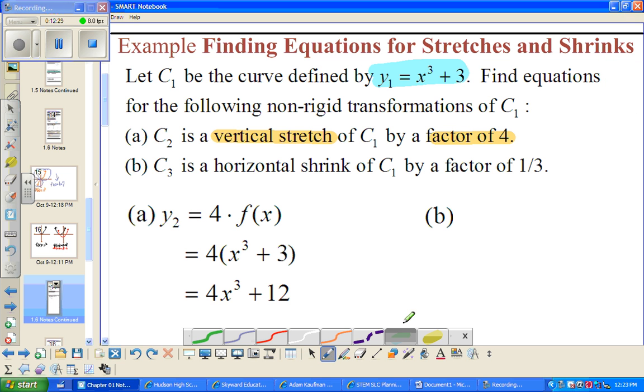For example B, I would like a horizontal shrink by a factor of 1/3. Remember, since it's horizontal, you are dealing with each individual x within the function. And since it's by a factor of 1/3, each x will be divided by 1/3, which really means each x is multiplied by 3.